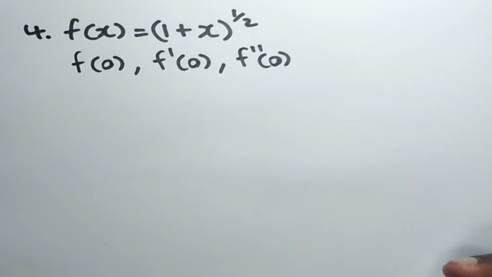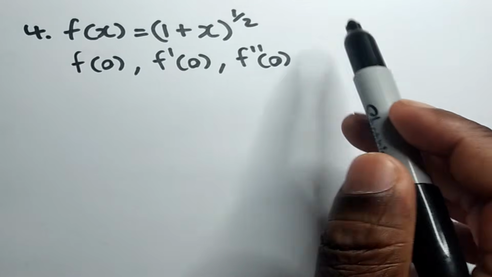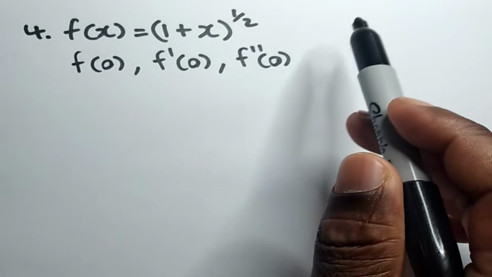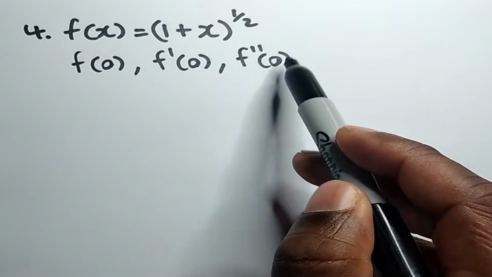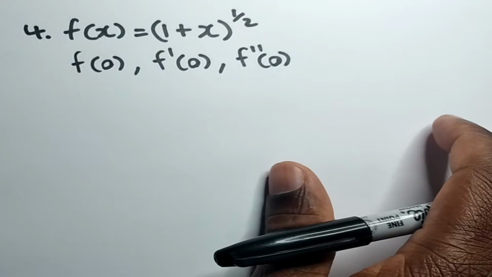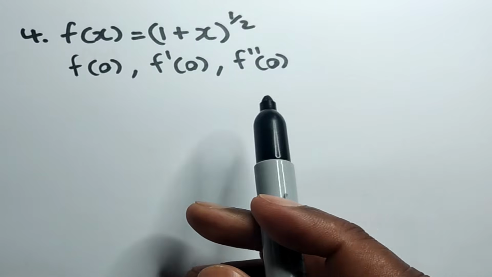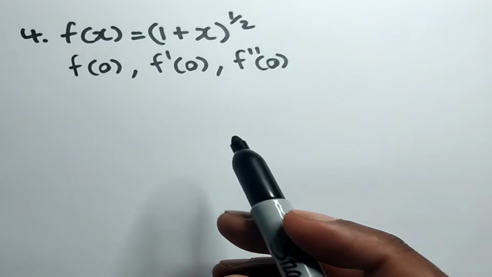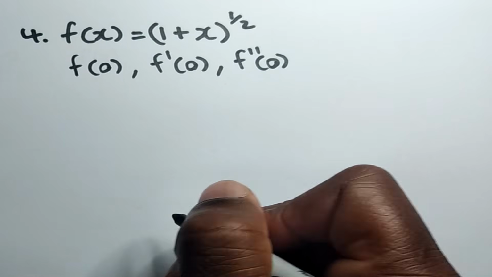So if we wanted to do one more iteration, we'll also be required to find the result that we'll get when we substitute 0 into the third differential of f of x. So always bear that in mind. So this is the final example in this video. Now let's obtain the values that we need.